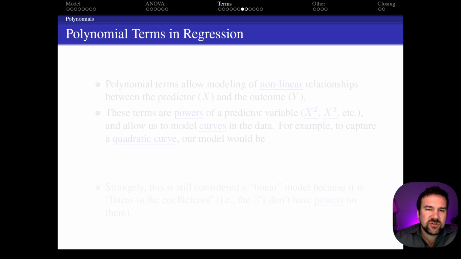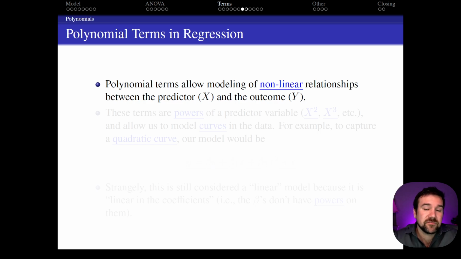All right, so let's change gears a little bit from our categorical variable inclusion and talk about polynomial terms. So remember, polynomial terms are like x squared and x to the third power and stuff. And these can be included in multiple linear regression. When these are included, they allow us to look at relationships between x and y that don't follow a strict line.